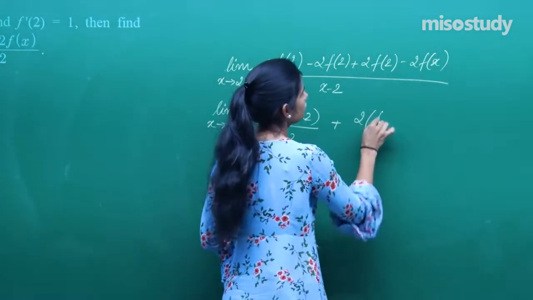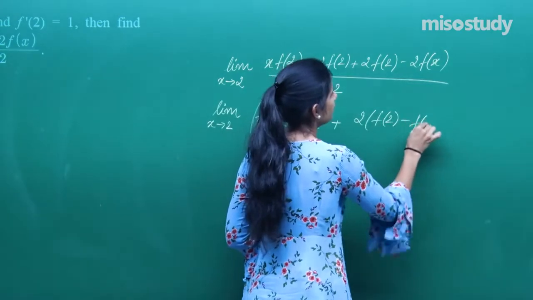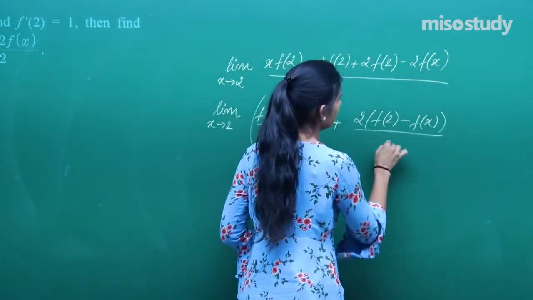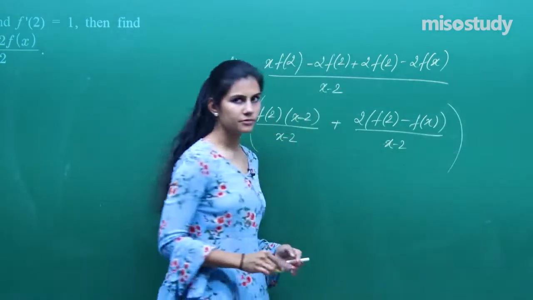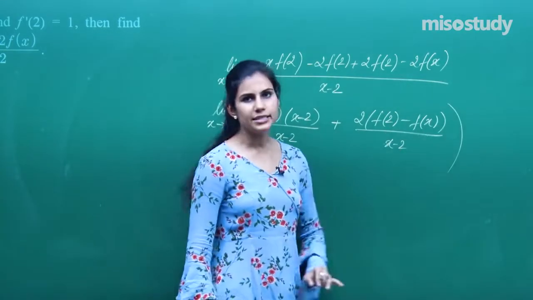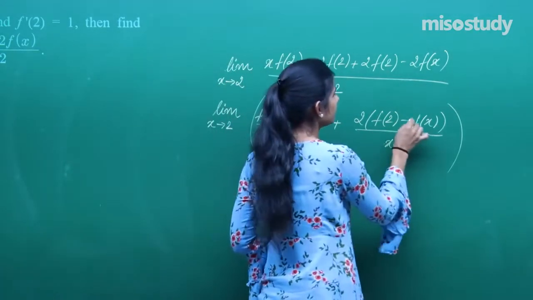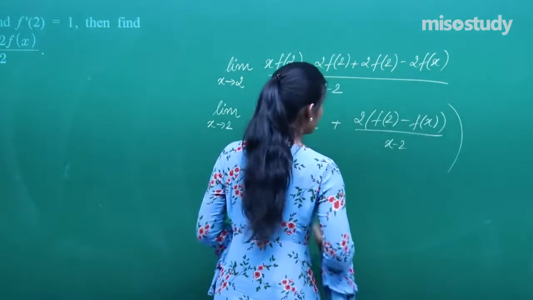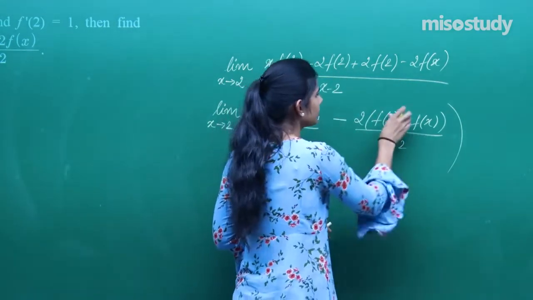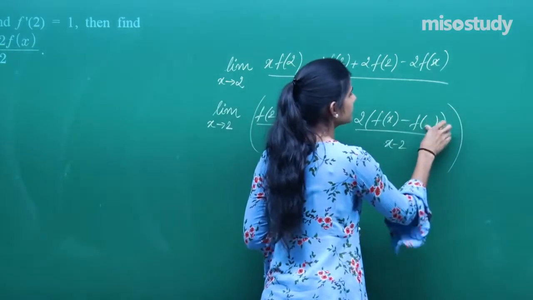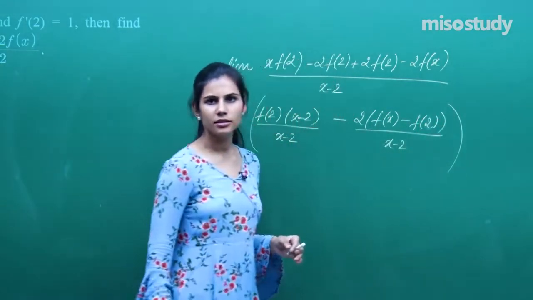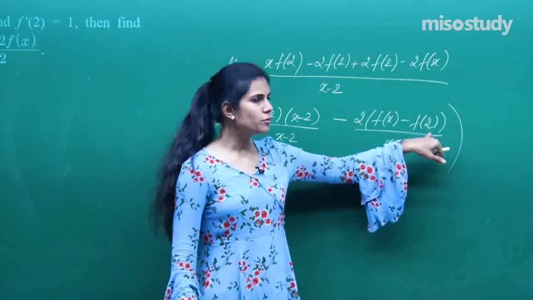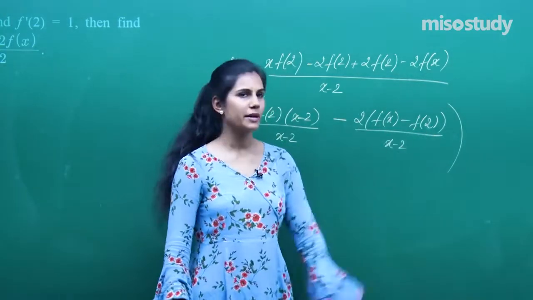Plus 2 comes out common, f of 2 minus f of x whole upon x minus 2. I want fx minus f of 2, so let me write it like this: that minus comes out common, you have fx minus f of 2. It's the same thing. Either write plus over here f of 2 minus f of x, or minus over here fx minus f of 2.